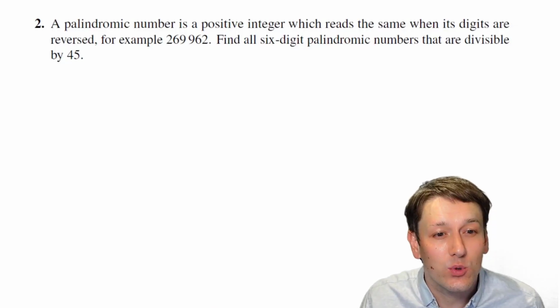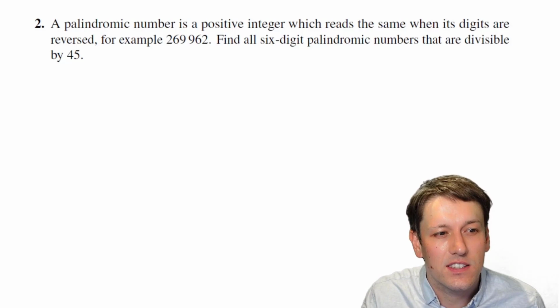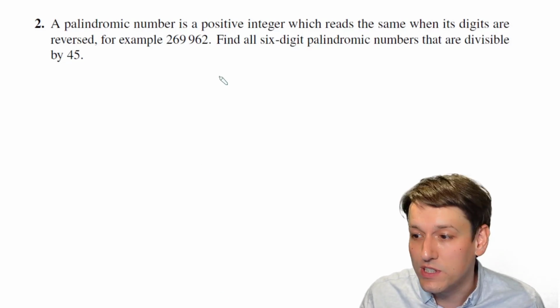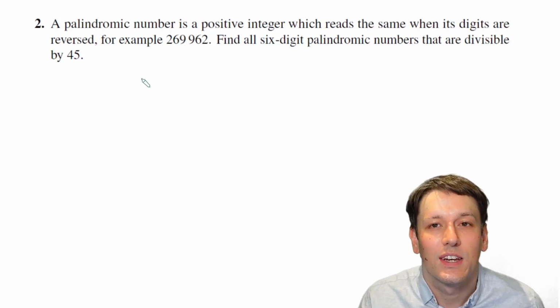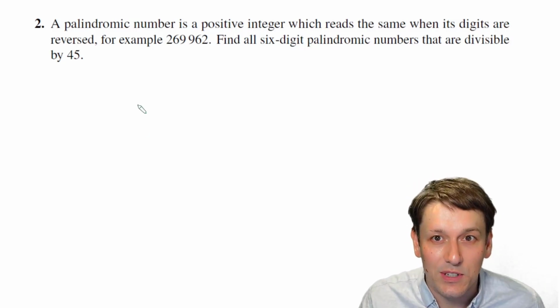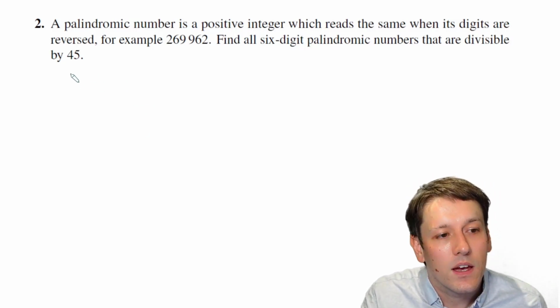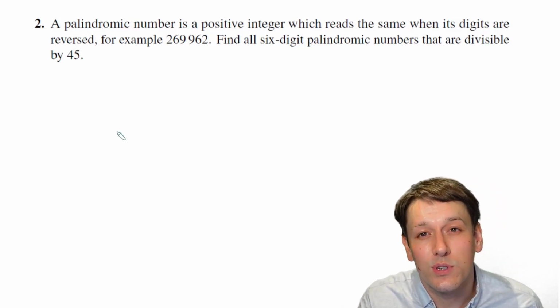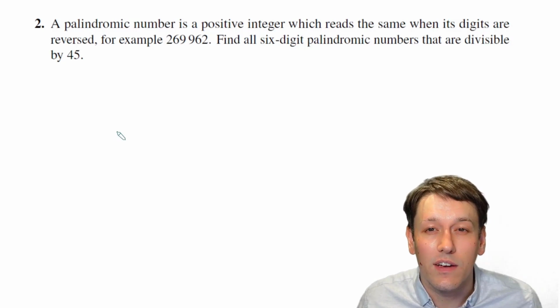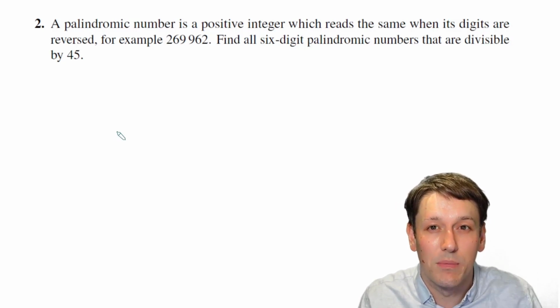So we want to find all of the palindromic numbers that have 6 digits and are divisible by 45. Now 45 has been chosen here because it's quite a nice number to work with in terms of divisibility, because if a number is divisible by 45, it's also divisible by 5 and by 9, and we can say that's true because they don't have any factors in common.